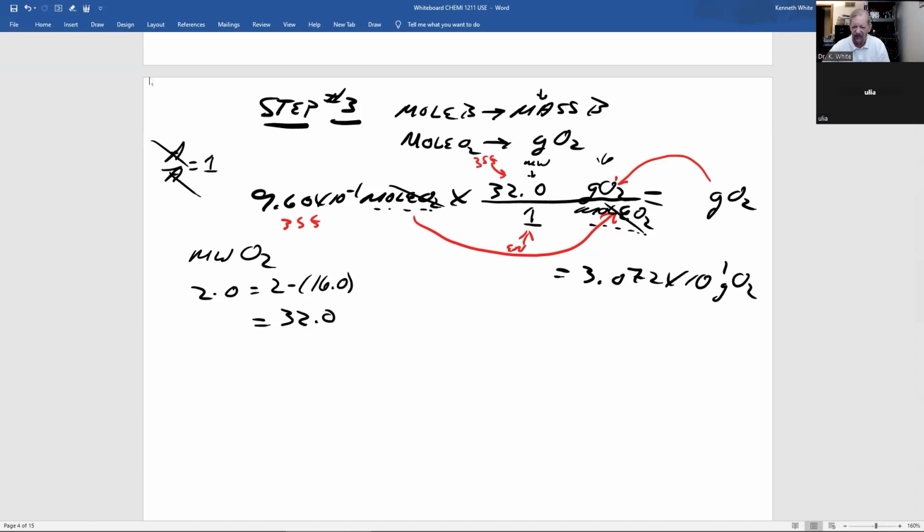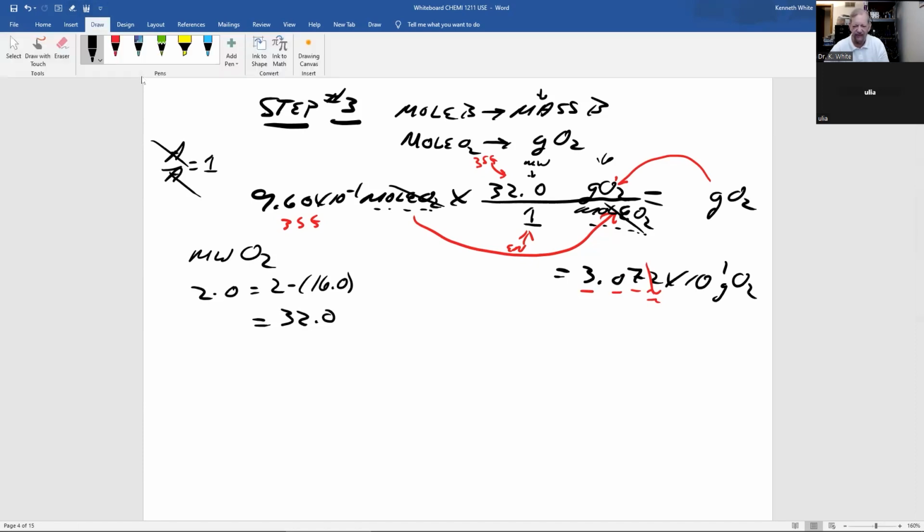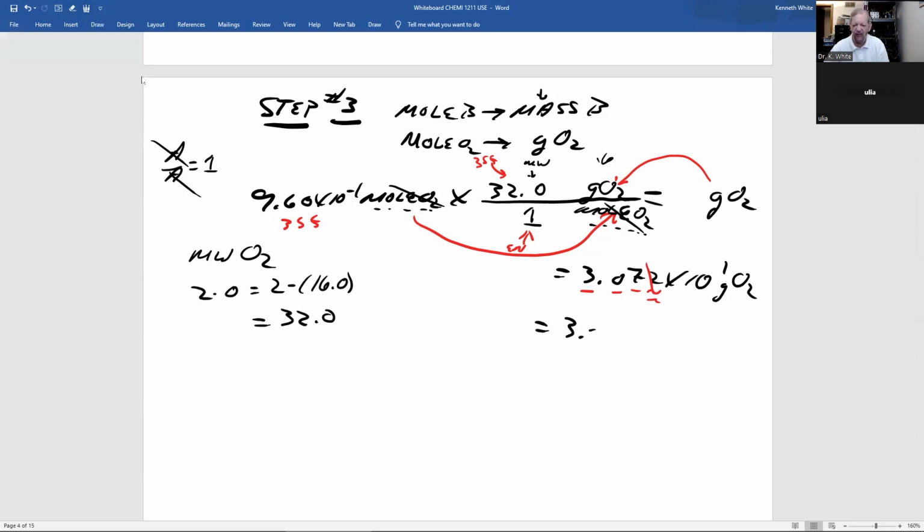So I have to round this off to 3 significant figures. Keep the 3, keep the 0, keep the 7. That's 4 or less, so I'll drop it. And the correct answer is 3.07 times 10 to the first grams of oxygen. And that's how you do it.